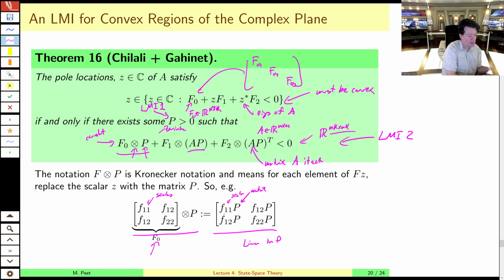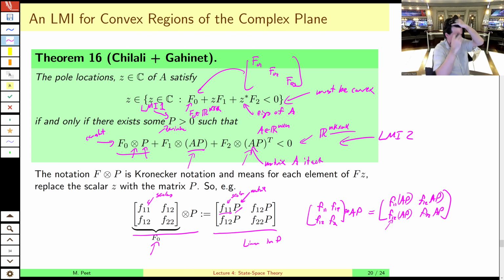So again, linear in AP. And again, you multiply these scalars by each of the terms, right? That's just what the Kronecker product does. So the second term is linear in AP, and the third term is linear in AP as well.